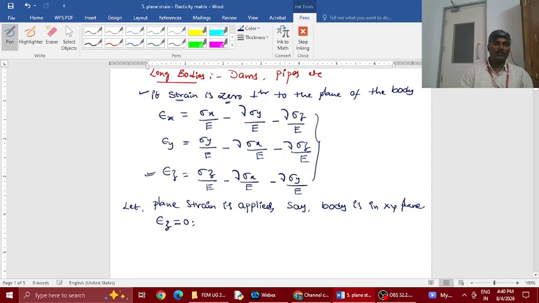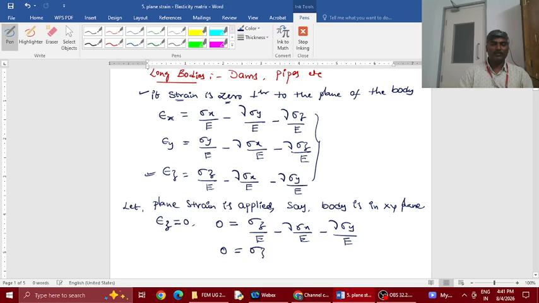Substitute this condition into these equations. I consider the third equation. That means the left hand side will be zero. Then sigma z by E minus nu sigma x by E minus nu sigma y by E. E is common and will be sent to the left hand side, so 0 into E is 0.